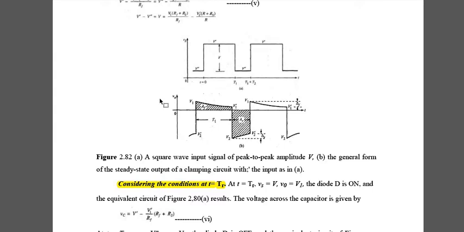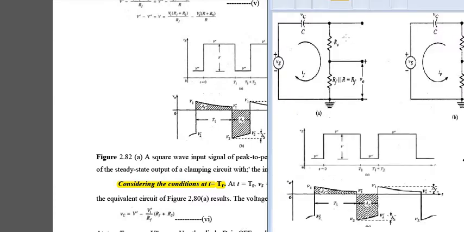That's the reason you get Rf plus Rs into C, which is the time constant that is obtained. See this particular part: here it is the Vc, this is the capacitor C, and this is (Rf plus Rs) into C. This is the time constant, and the time interval we are considering is T1.